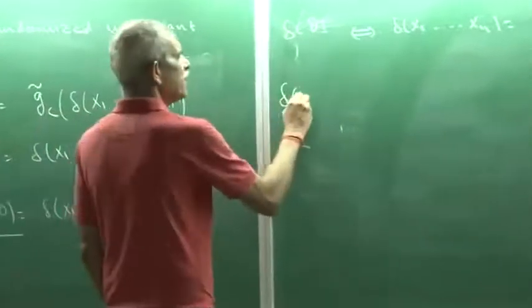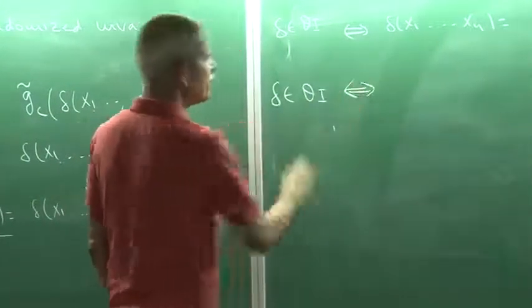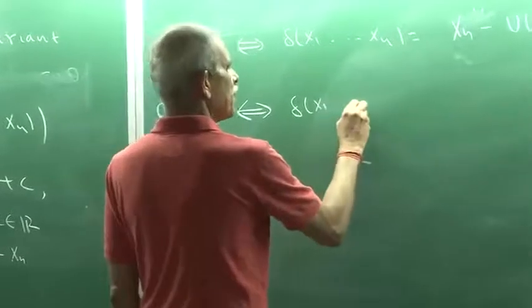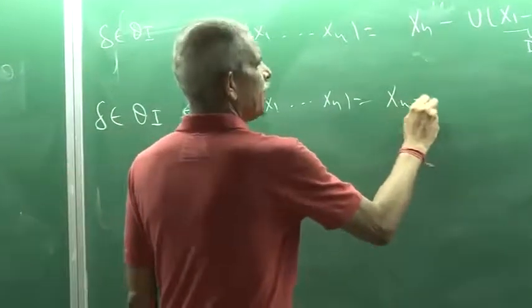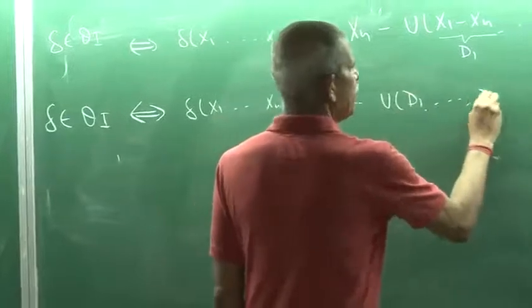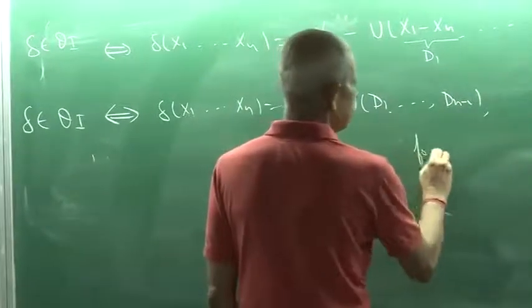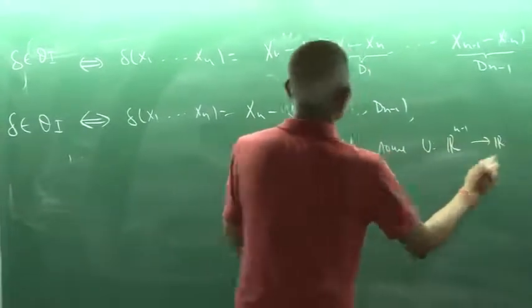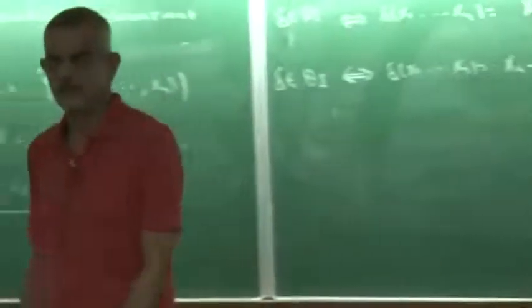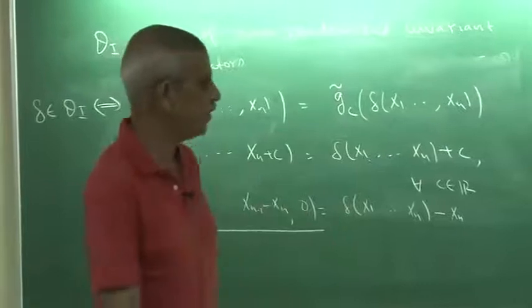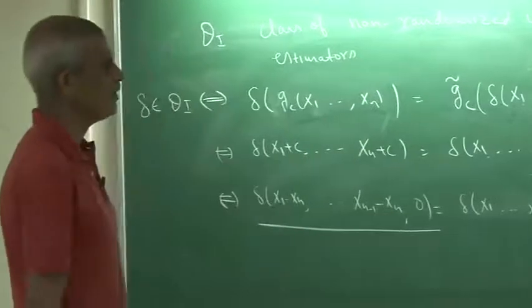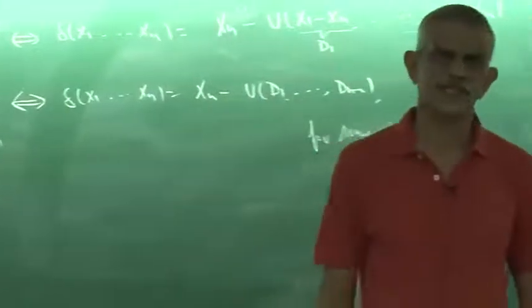Delta is invariant under the given group of transformations if and only if my delta is of the type xn minus u of d1, d2, dn minus 1 for some u from Rn minus 1 to R, because u is a function of d1, d2, dn minus 1. So it is defined on n minus 1 dimensional Euclidean space. So any invariant decision rule is of this type: xn minus some function of x1 minus xn, x2 minus xn, up to xn minus 1 minus xn.